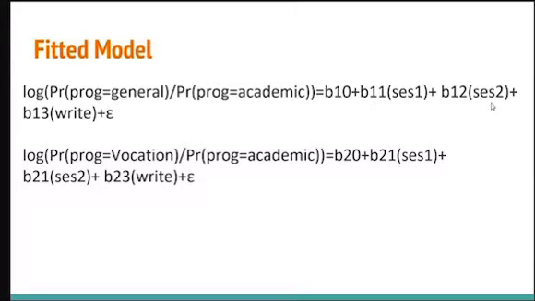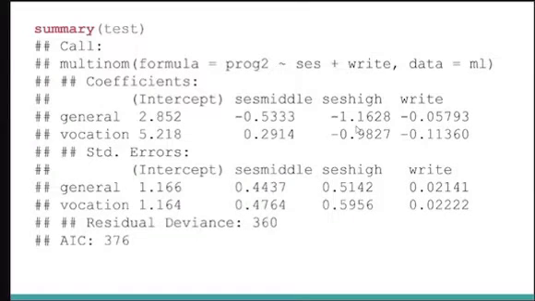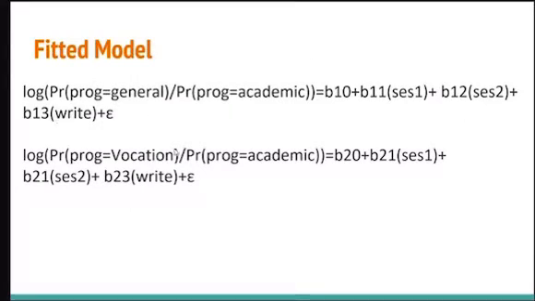Then the B11 and B12, of course, you're going to have two slopes. The B11 and B21 are basically going to be the coefficients that correspond to SES middle and SES high. Of course, the last ones that we call B13 and B23 would be the slopes for the continuous predictor.